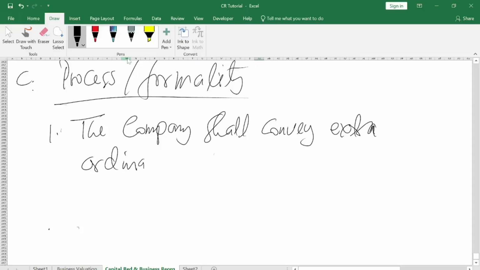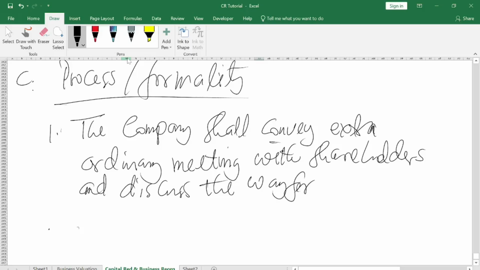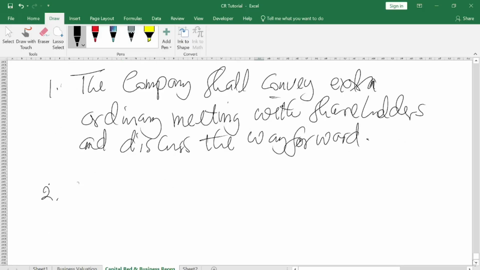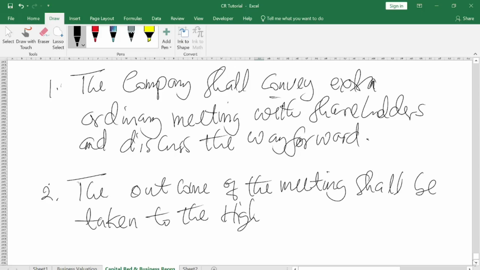an extraordinary meeting with the shareholders and discuss the way forward. The outcome of the meeting shall be taken to the High Court for approval.